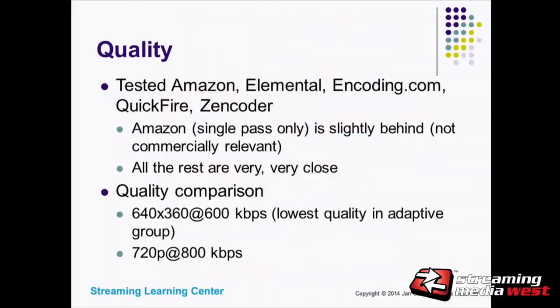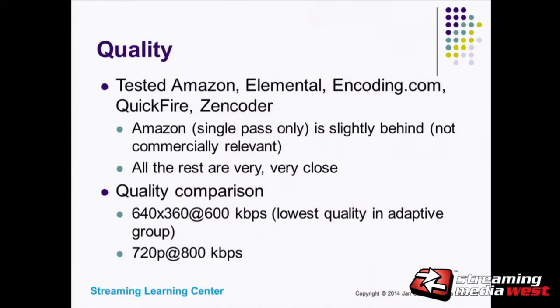OK, so now we look at the quality side. I ran a big set of tests about 4 months ago where I tested the quality of Amazon, Elemental, Encoding.com, Quickfire, and Encoder. Every service is going to say their quality is better, and every encoding tool has said their quality is better forever.